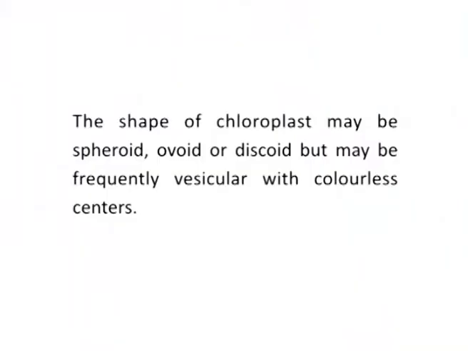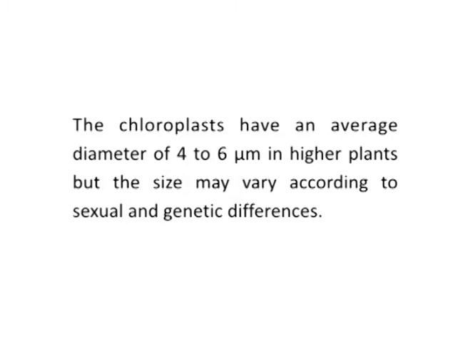The shape, size, and number of chloroplasts may vary in different cells within the species. The shape of chloroplasts may be spheroid, ovoid, or discoid, but may be frequently vesicular with colorless centers. The chloroplasts have an average diameter of 4 to 6 micrometer in higher plants, but the size may vary according to sexual and genetic differences.